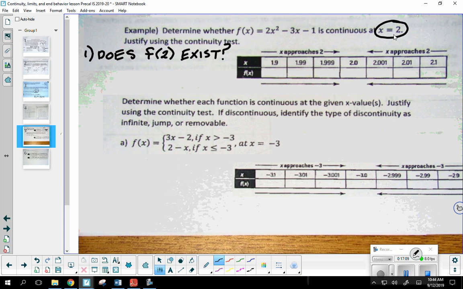Is there a discontinuity? That's what we're trying to determine. How can I figure that out? Just replace every x with that 2. So f of 2 would equal 2 times 2 squared, minus 3 times 2, minus 1. So would I get a y value out of that?